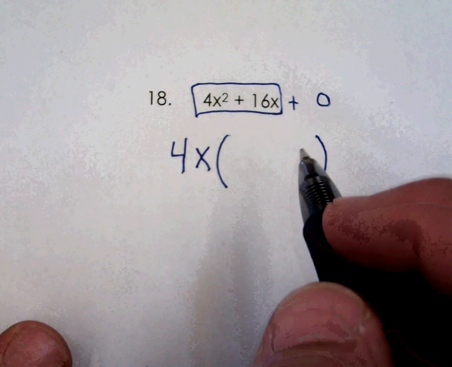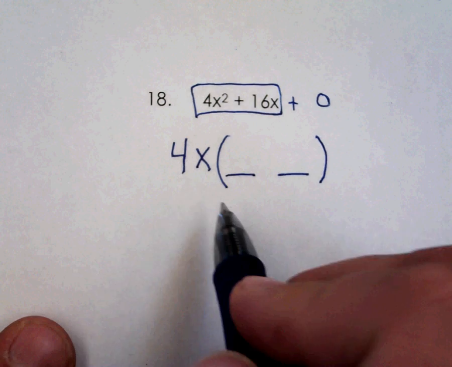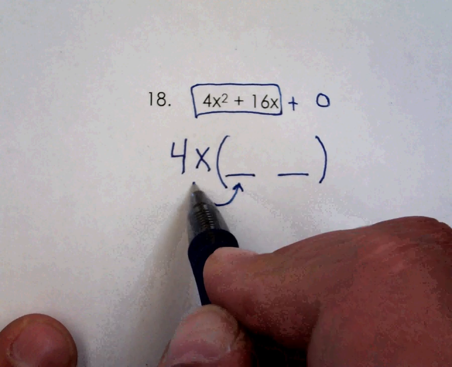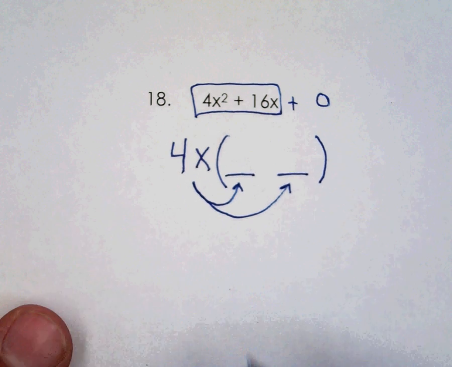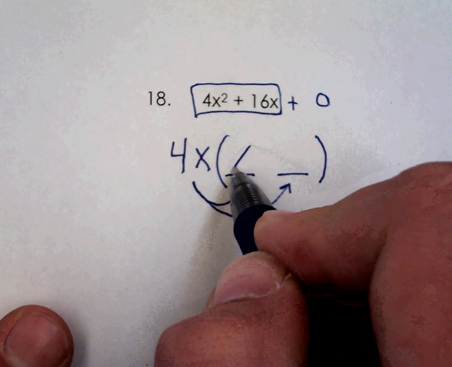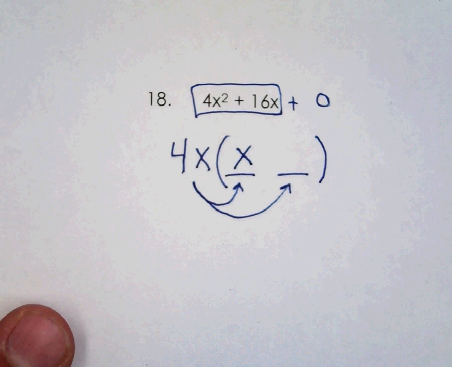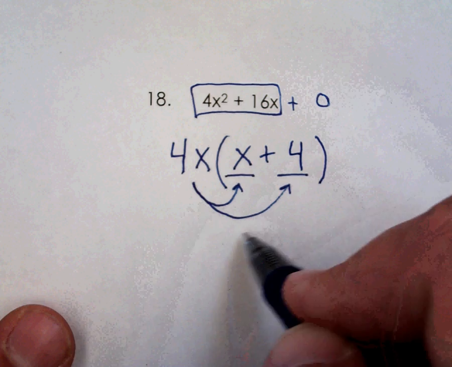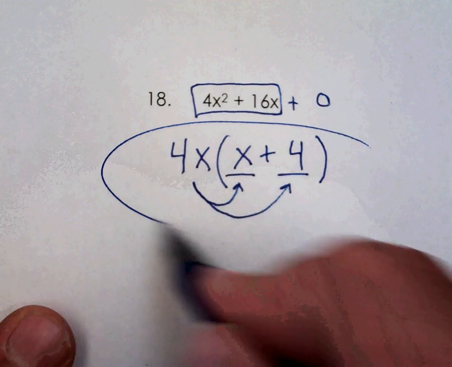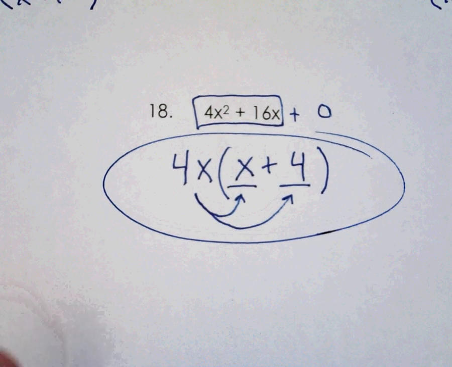You want to think about what would be in here that you would distribute to produce 4x squared plus 16x. 4x would be multiplied by x to make 4x squared. 4x would be multiplied by 4 to make the 16x. This is my final answer in number 18.